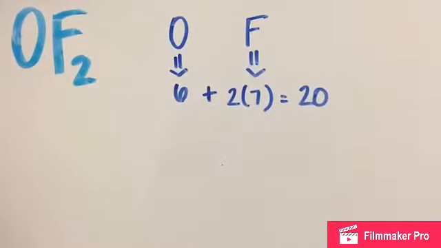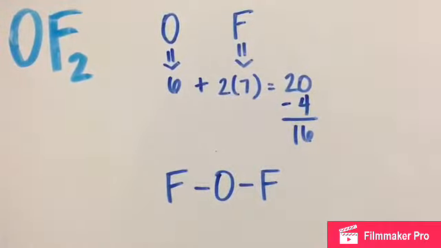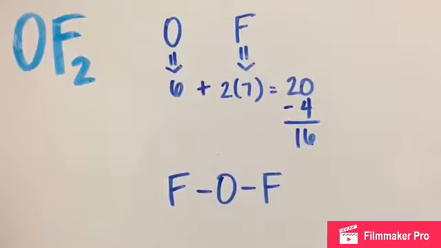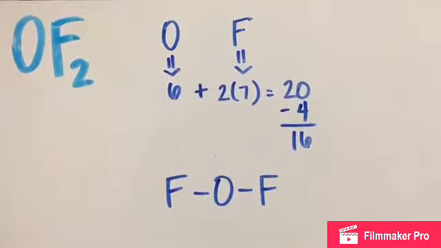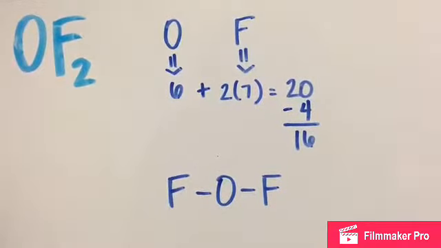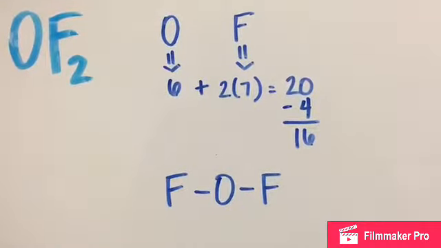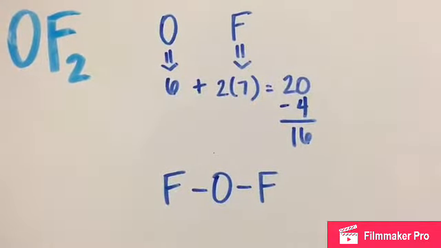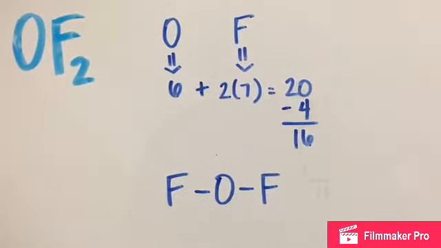Now let's see where these electrons will be placed. We will use 4 electrons in the bonds between the O and F atoms, 2 for one and 2 for the other. We subtract these electrons from our total, which gives us 16 electrons left. We will place electrons on the outside F atoms to create full octets.